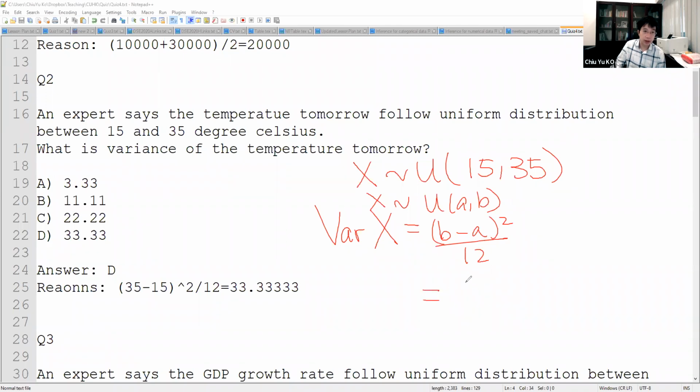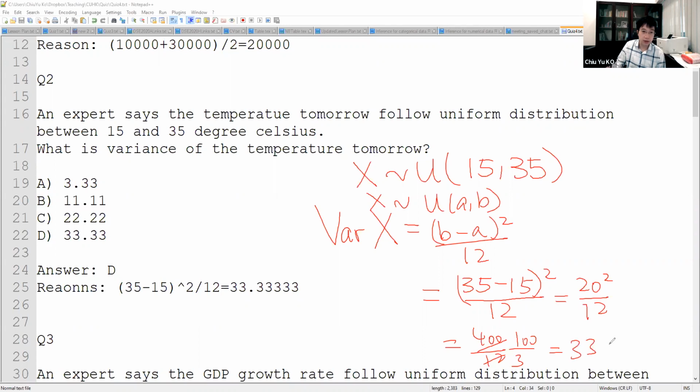So that means we have 35 minus 15 squared over 12, right? That's 20 squared over 12, right? It's 400 over 12, which is 33.33. So the answer is D.